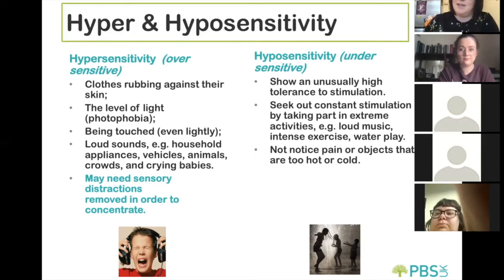They seek out constant stimulation by taking part in activities that provide it: the loud music, the intense exercise, the water play. And they also might not notice things like pain or things being too hot or too cold in the same way as those of us who don't have that undersensitivity.